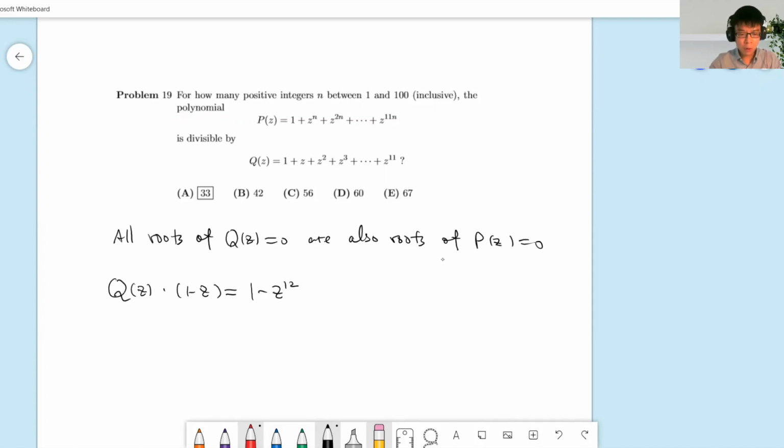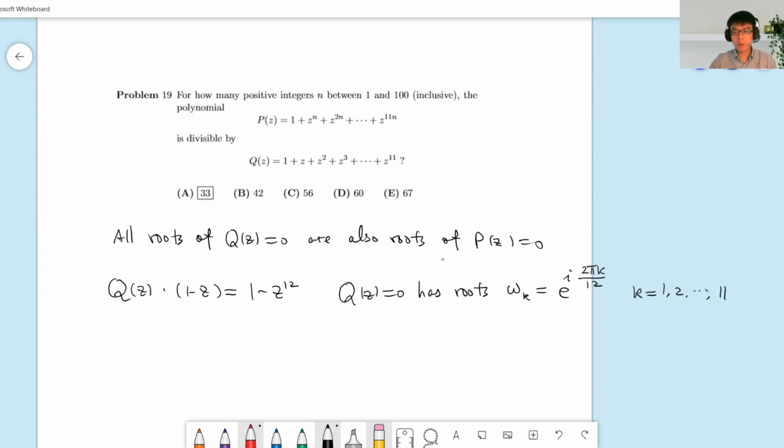So that means q(z) has the following roots: omega_k equals exponential i 2 pi k divided by 12, and here k starts from 1 up to 11.